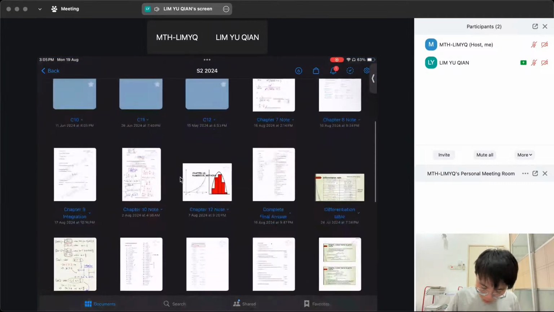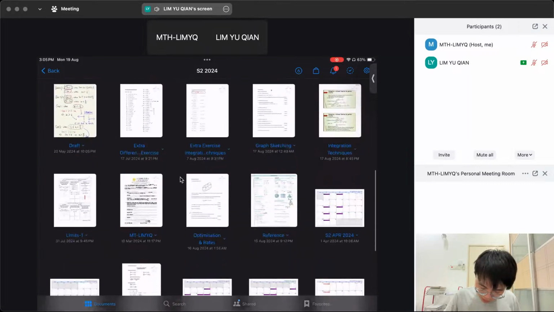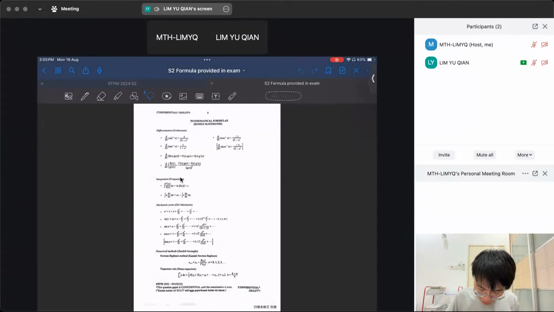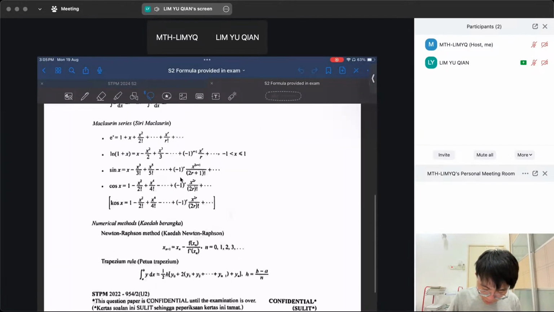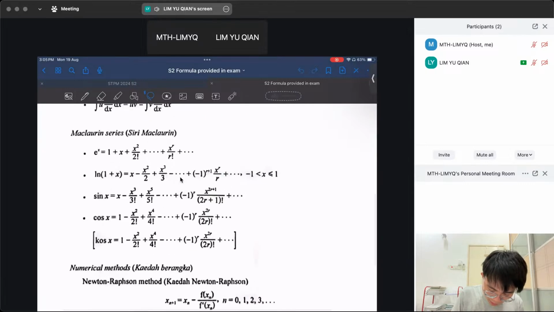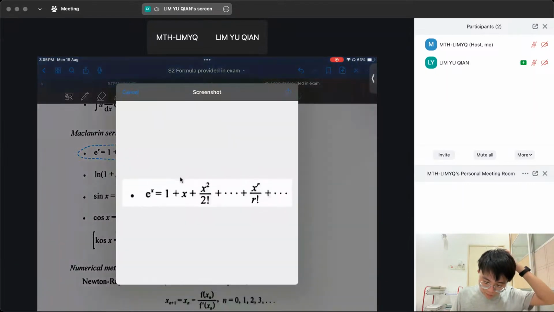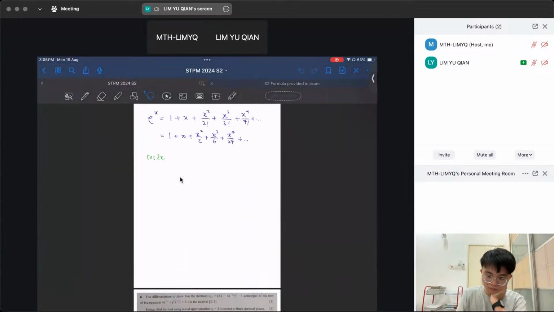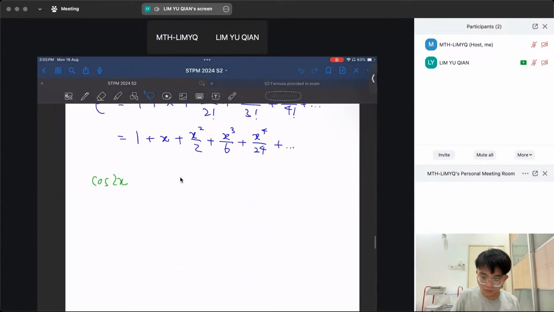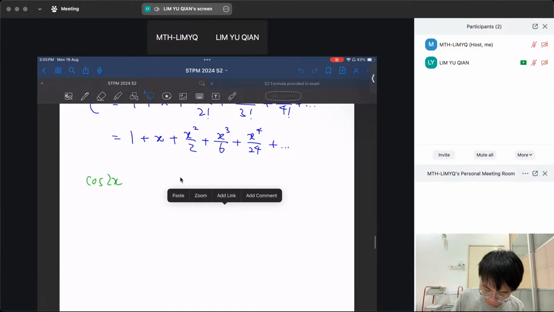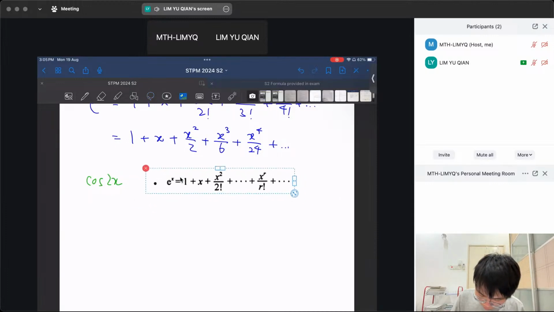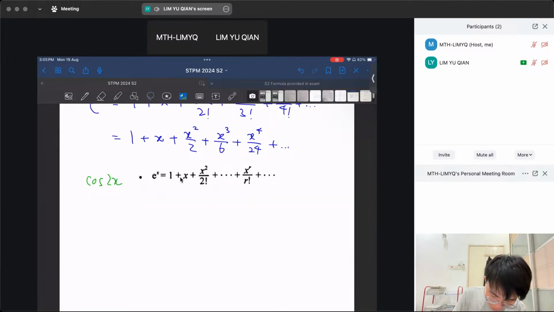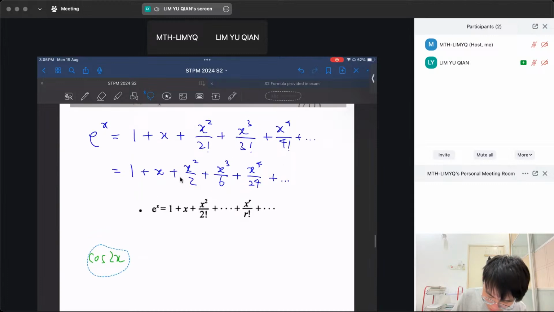Okay, let's go to the formula, the formula provided in the exam. So e^x and cos x. That's number 1.